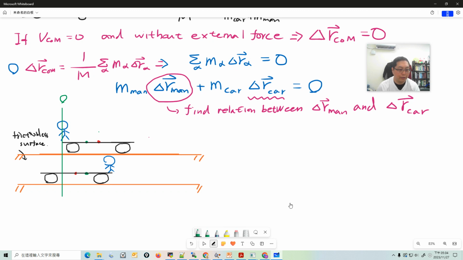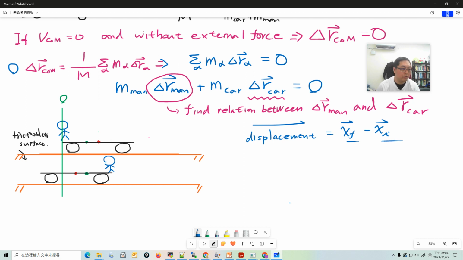Do you remember that? Displacement vector is equal to final position minus initial position. You only take care of your final position and initial position, right?